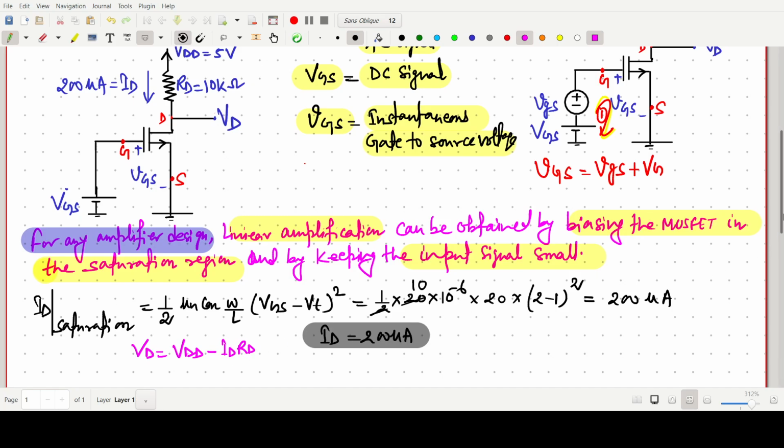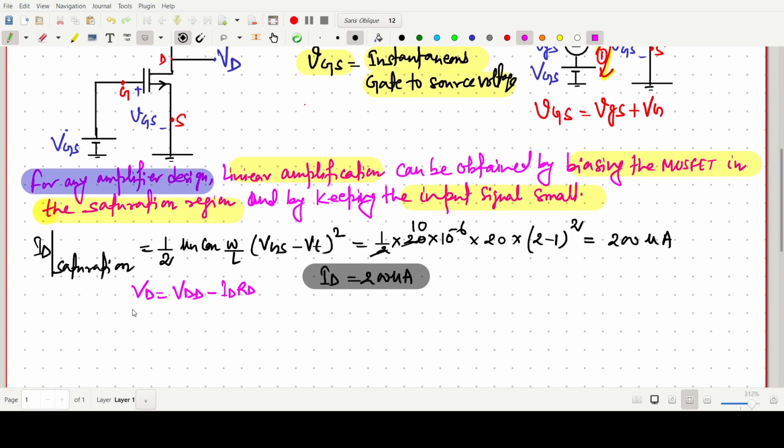This VD is this voltage minus the drop across this resistance, ID RD. VDD is how much? 5 volt, it is given in the question.